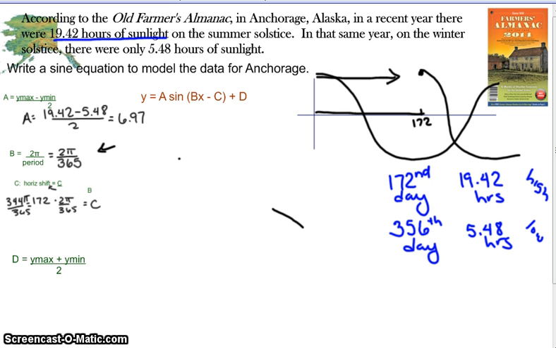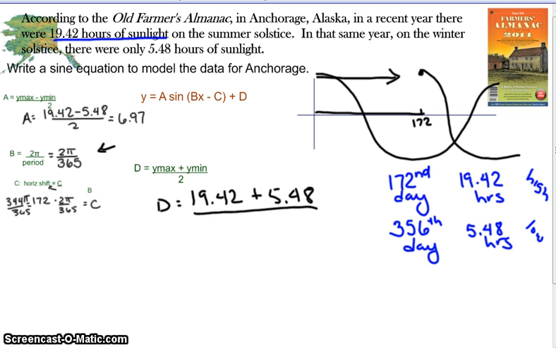Now let's take a look at what's happening with D. D people tend to not have too much trouble with. It's pretty much the same thing we did in A, but for D, we're going to do 19.42 plus 5.48 instead of subtracting that. That gives us a grand total of 12.45. Do you know what that means to Anchorage, Alaska?